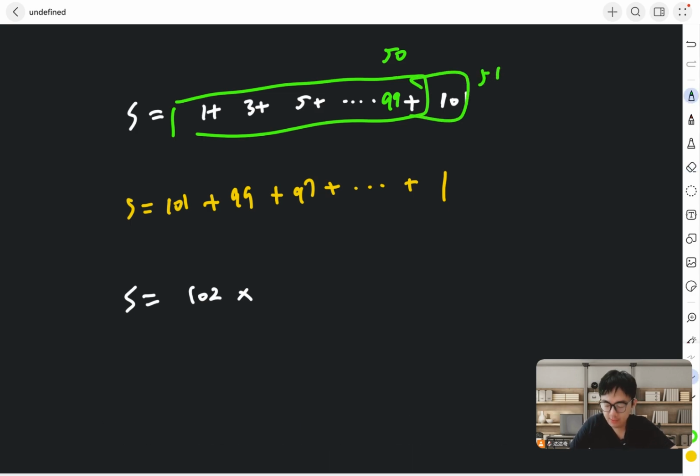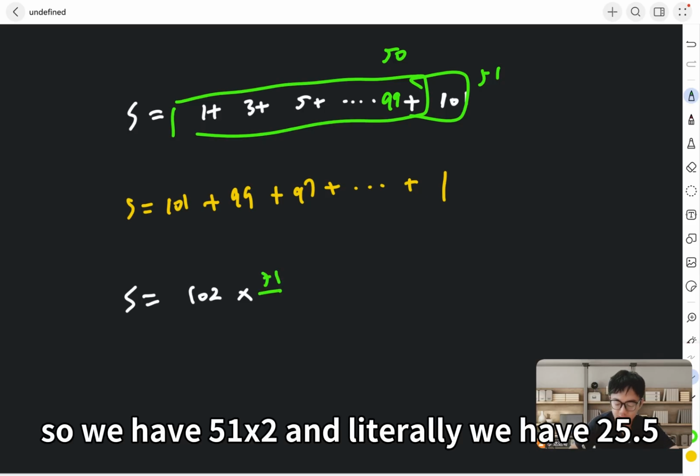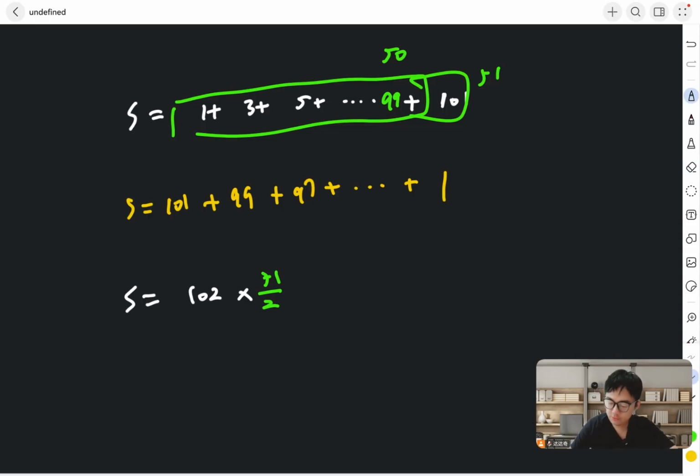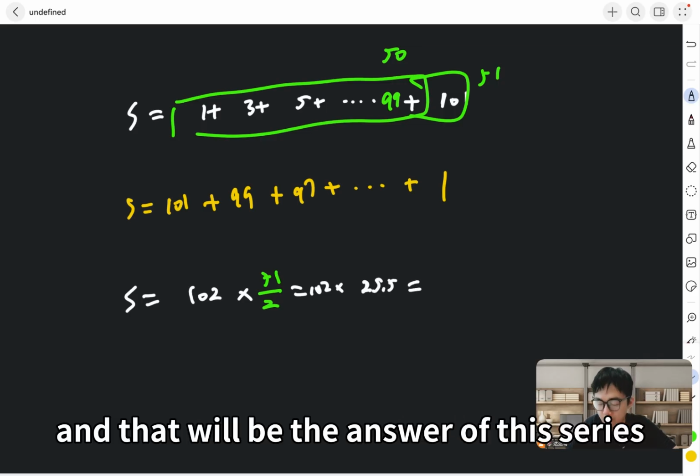And each two of them combine as a group. So we have 51 divided by 2, and literally we have 25.5 groups of numbers. So it's 102 times 25.5, and that will be the answer of this series.